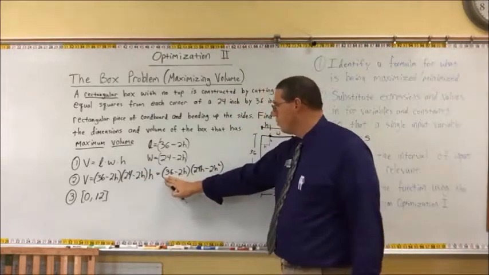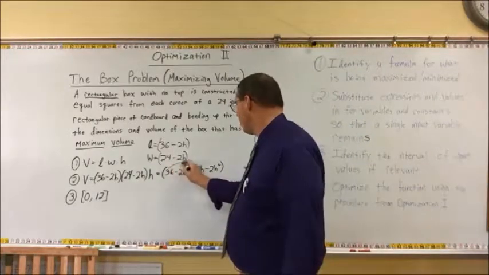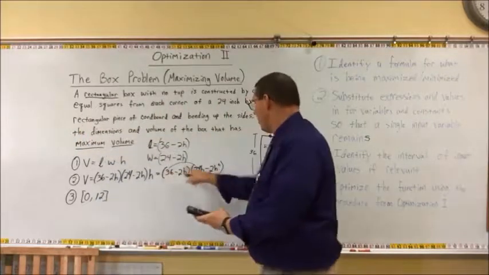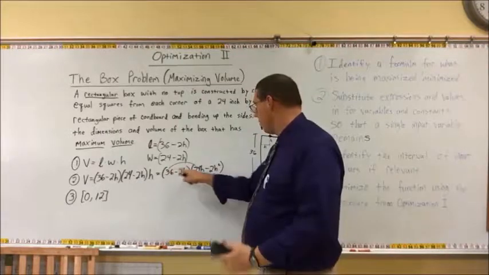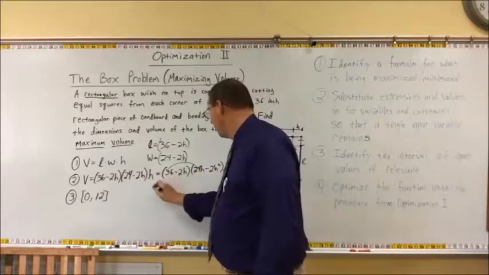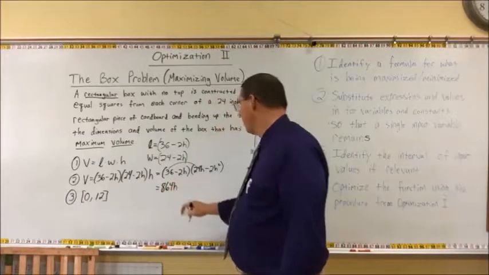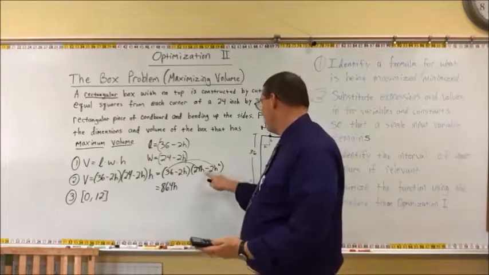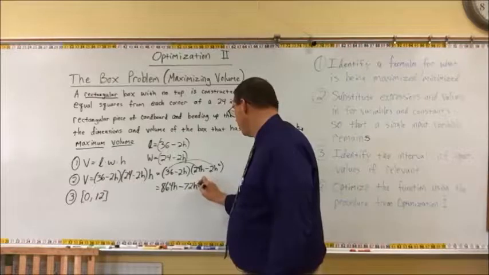Now I need to distribute this binomial with this binomial. So I'm going to do 36 times 24h. I'm going to need a calculator for this. 36 times 24 is 864h. Then I'm going to do 36 times negative 2h squared. So 36 times negative 2 is negative 72h squared.